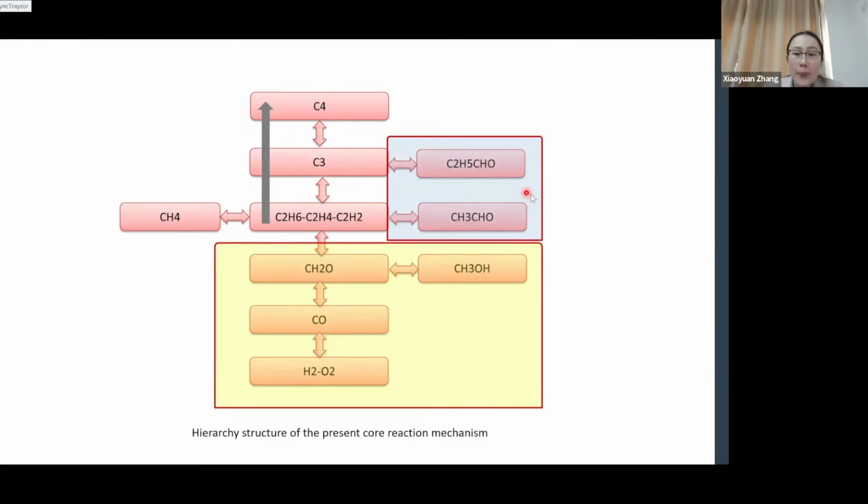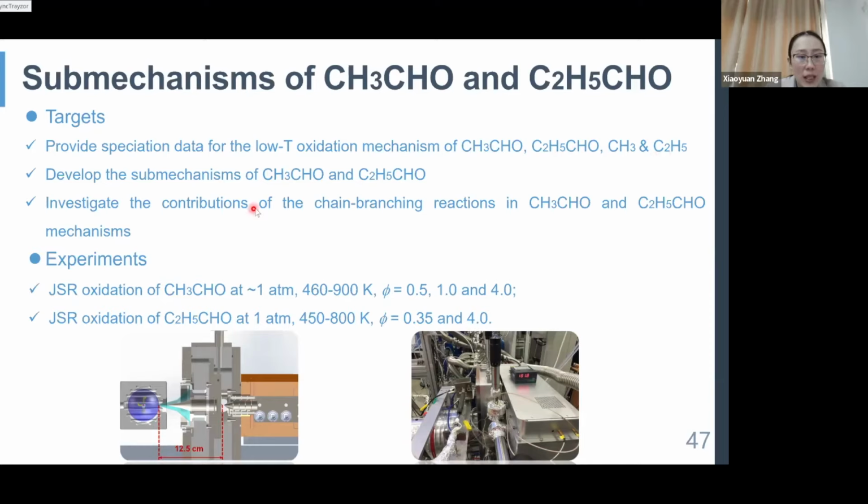In this part, we have provided the speciation data for the low temperature chemistry development of acetaldehyde, propanal, methyl, and ethyl radicals, and also developed the submechanisms for these two aldehydes. Based on the model, we also investigated the contributions of the chain branching reactions in these two aldehydes. The JSR experiments at 1 atm were conducted.